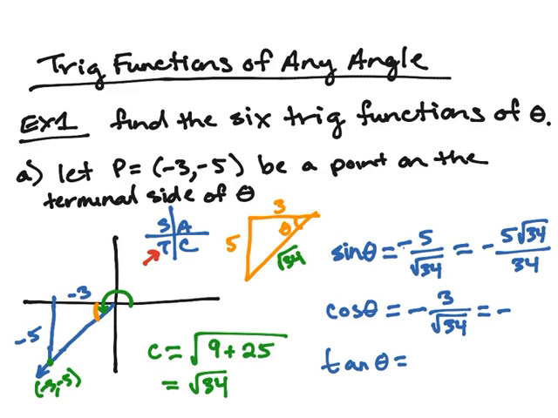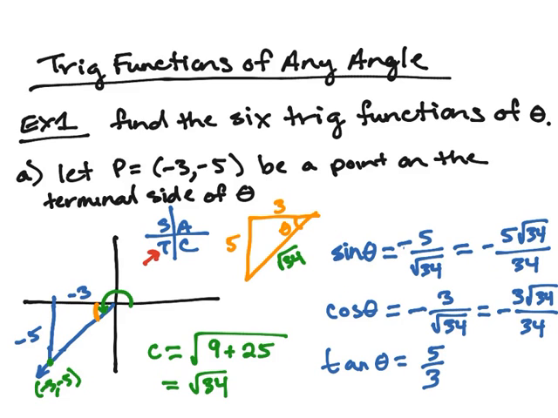So I'm going to get negative 3 times the square root of 34 over 34. Tangent is opposite over adjacent, so we're going to get 5/3. And we have already looked, in quadrant 3, tangent is positive, so it's just 5/3.